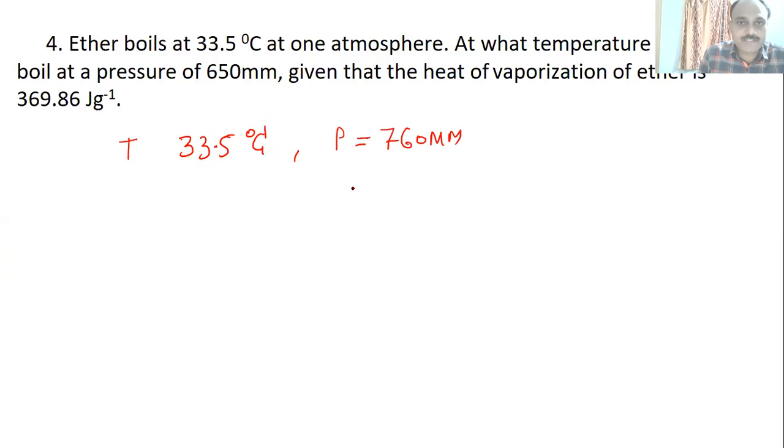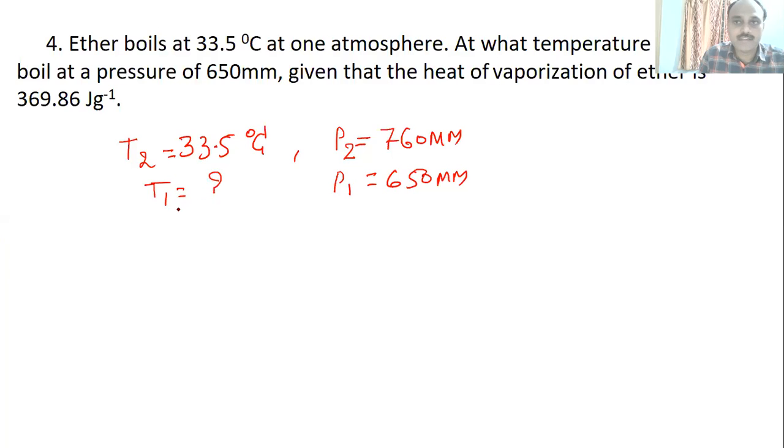Now 650 mm is given, which is a lower pressure. Therefore I will write this as P1, and the other is P2 with T2. At what temperature? That means T1 is being asked in the problem.